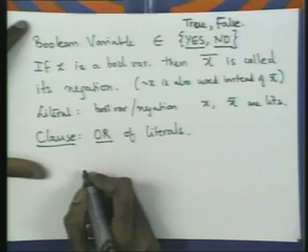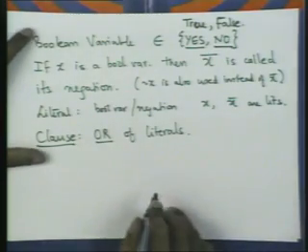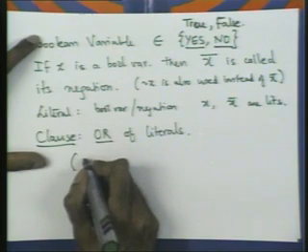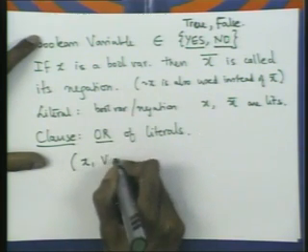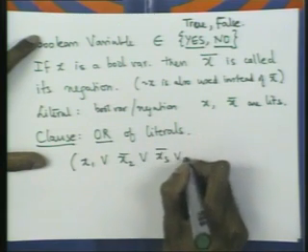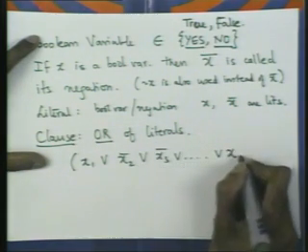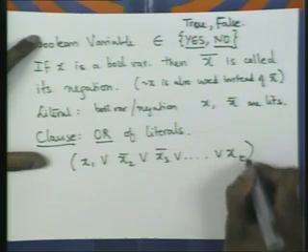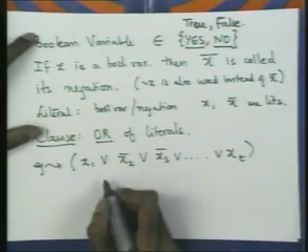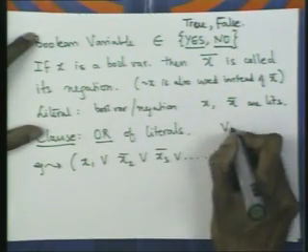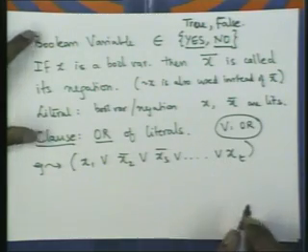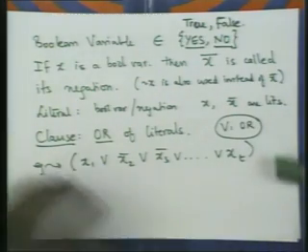OR is actually the usual logical OR. For example, here's an example of a clause: x1 or x2 bar or x3 bar or xt. So the symbol is OR. So a clause is just an OR of literals.